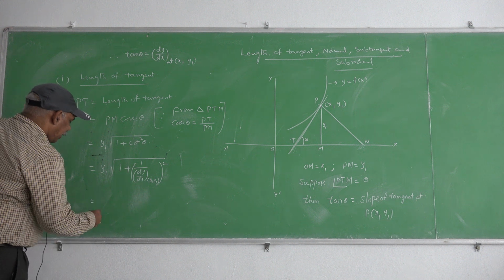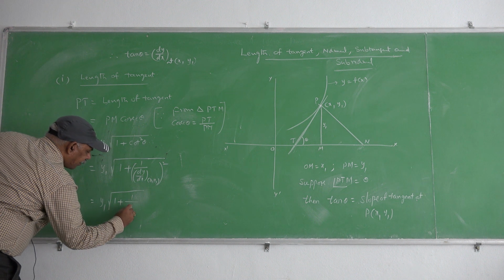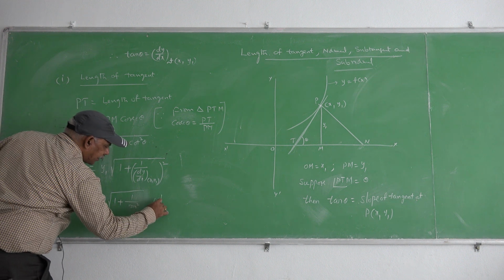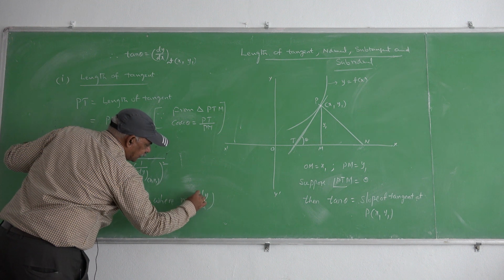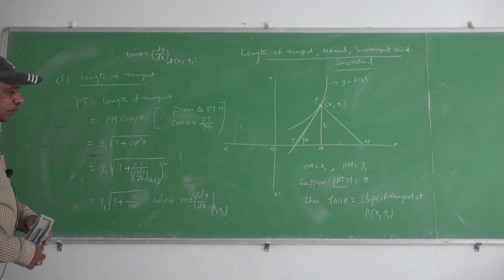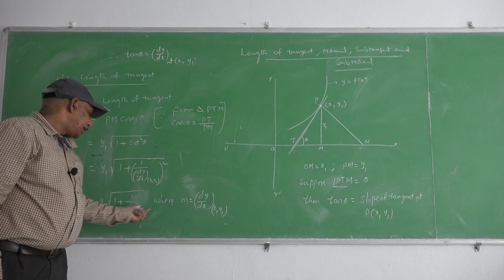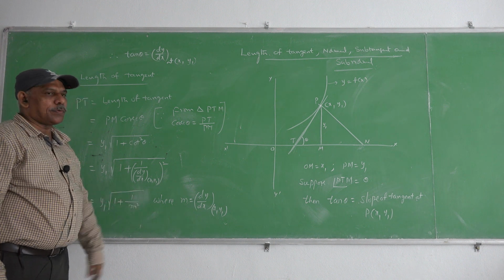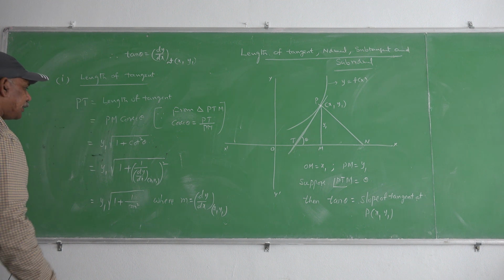So y1 into the square root of 1 plus 1 by m square, where m is the slope of the tangent, dy by dx at (x1, y1). Instead of tan theta I am introducing m. So I am replacing dy by dx at (x1, y1) with m, so that y1 into the square root of 1 plus 1 by m square gives us the length of the tangent.